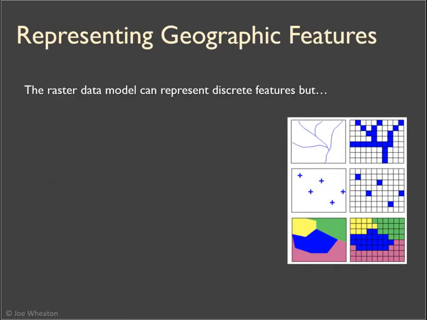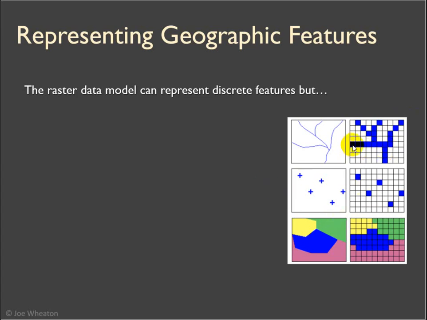Okay, so it's important to know that when we are representing geographic features with a raster and we're mapping discrete features, that cell size is really going to drive our understanding. And as an instructor, it's going to reflect, for me, your understanding of the data.